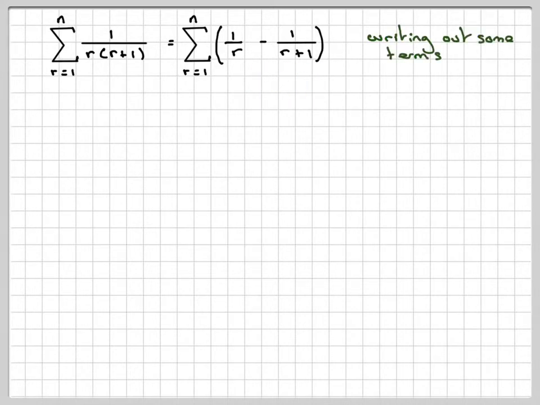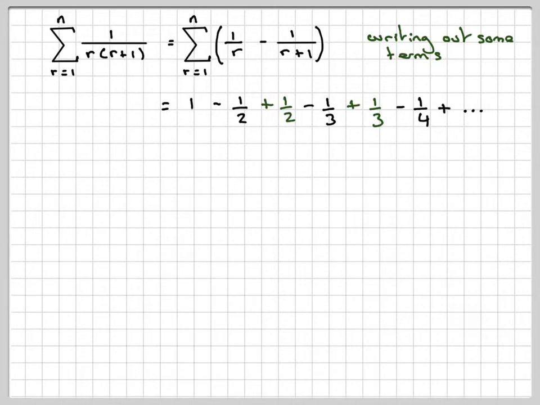So that will become 1, because the first term is 1, r is 1, 1 over 1 is 1, minus 1 over 2. Next time when r is 2, we get 1 over 2, and minus 1 over 3, so you can see what's happening here. The next term when r is 3 will be 1 over 3 minus 1 over 4, and this will then carry on.